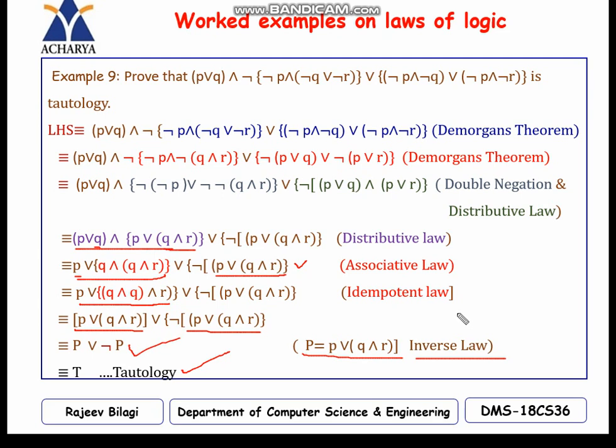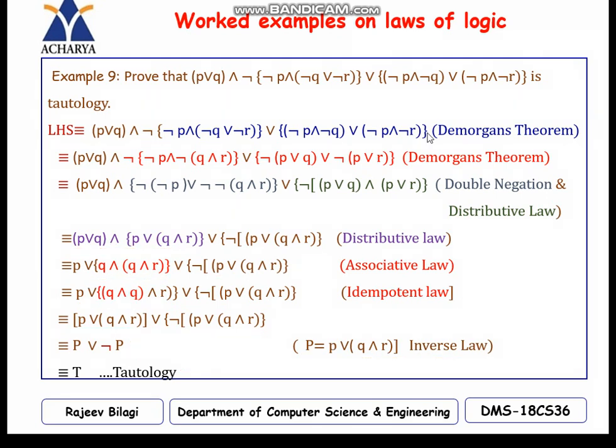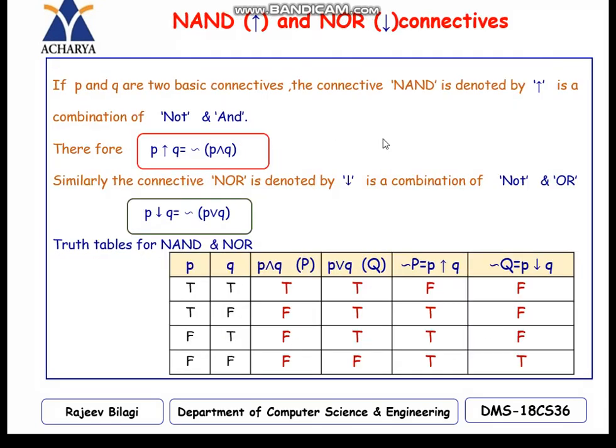Okay. So next, before we go ahead with a different topic, there is one concept which is called NAND and NOR connectives. Again, these are other basic connectives which are used. First we'll see NAND.